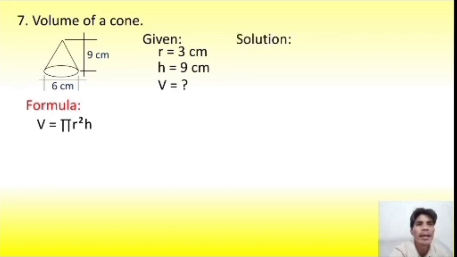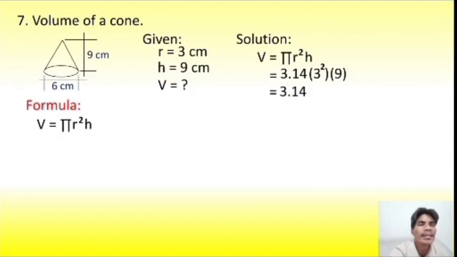Solution, copy first the formula. We have V equals pi times r squared times height, and equals, the value of pi is 3.14 times the radius 3, then squared times the height 9. Then equals, copy 3.14. 3 squared means 3 times 3, so 3 times 3 equals 9.